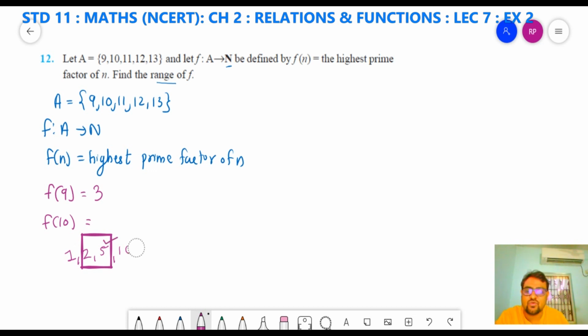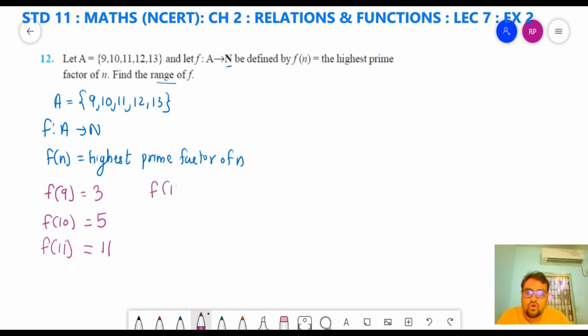So our answer will be 5. So f of 10 is equal to 5. Yeah. Next, 11. So what are the factors of 11? Only 2, 1 and 11. And prime factor, that is only 11.